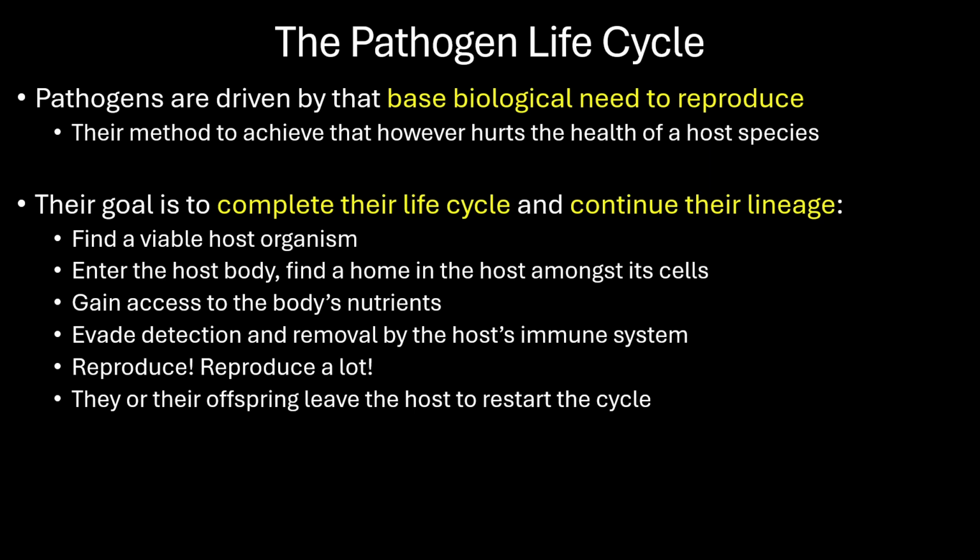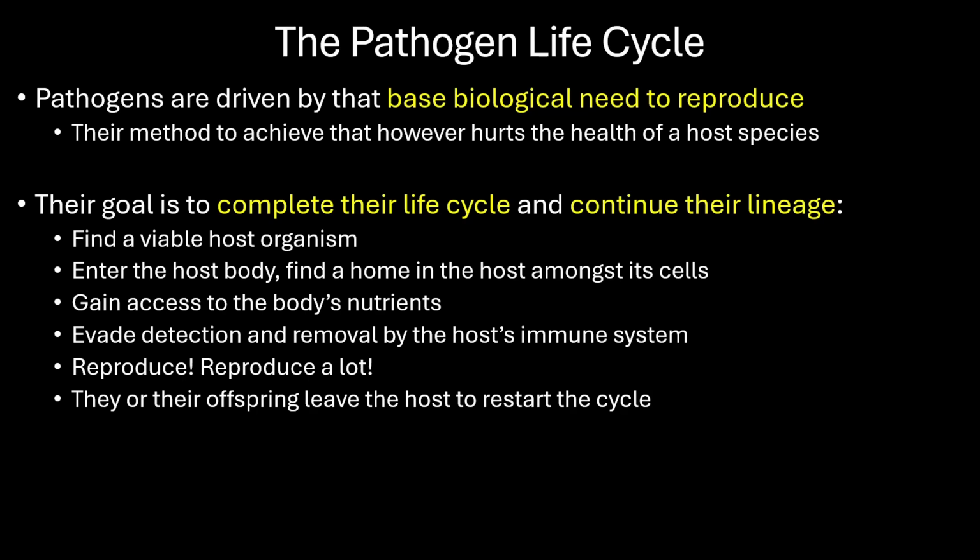This pattern has a number of key points that have to happen. The pathogen has to find a viable host organism. When it does, it has to be able to enter the host's body and find a home among the host's cells. It has to gain access to the body's nutrients. In the process, it has to also evade detection, elimination, or removal by the host's immune system.